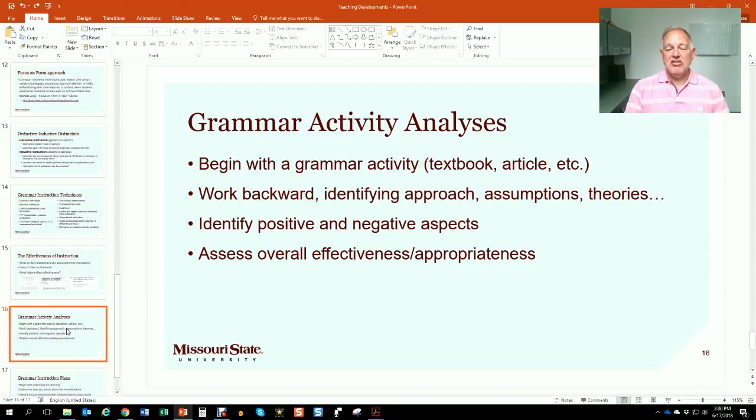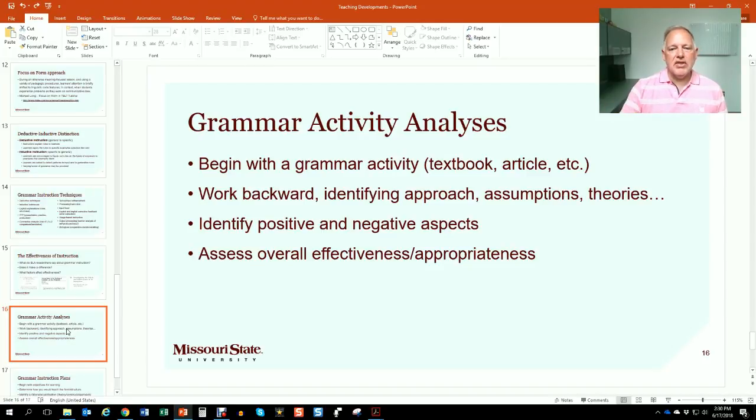So getting back to our syllabus, I'm going to have you graduate students do a couple of activities that will draw on some of these concepts. One of them is the grammar activity analyses. I haven't decided if I'm going to provide the activities or have you provide them, but you would begin with the activity and work backward, identifying, okay, this activity is characteristic of X, Y, or Z approach or method, and it reflects these assumptions, constructs, and theories.